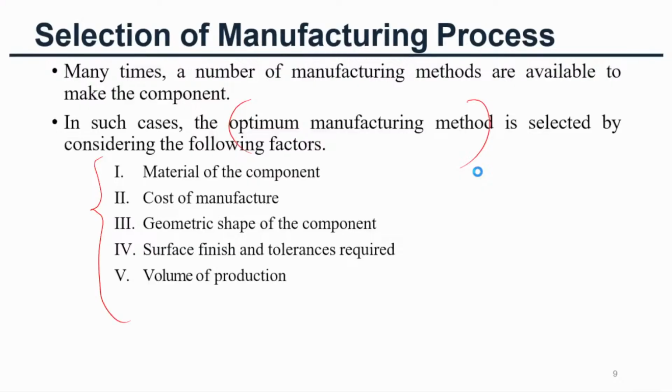Okay, we can select the optimum manufacturing process based on these factors. What are the factors? First one is material of the component. Okay, so this is very important because some processes are suitable only for certain materials. So we need to consider this material of the component, the raw material of the component.